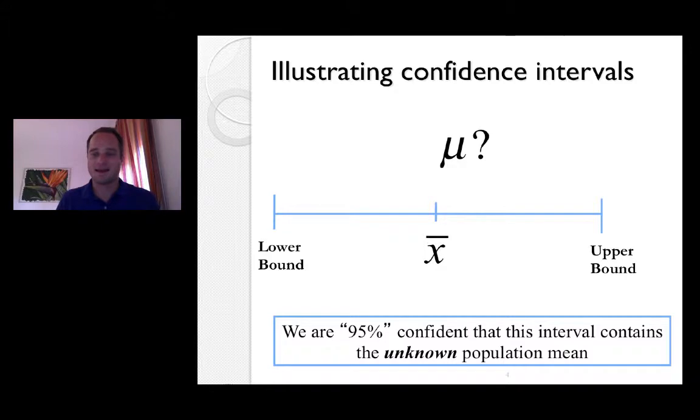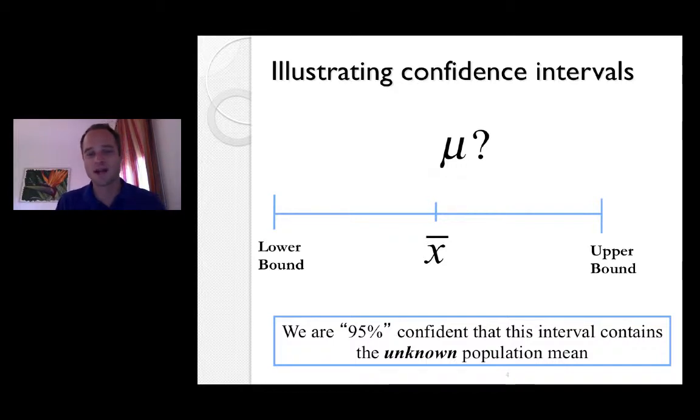At the end of this video lecture, you're going to be able to form this interval and interpret it, and here's the interpretation. It's pretty simple. We are 95% confident, that's an example. The level of confidence is up to us. We are 95% confident that this interval, with a numeric upper and lower bound, contains the unknown population mean.